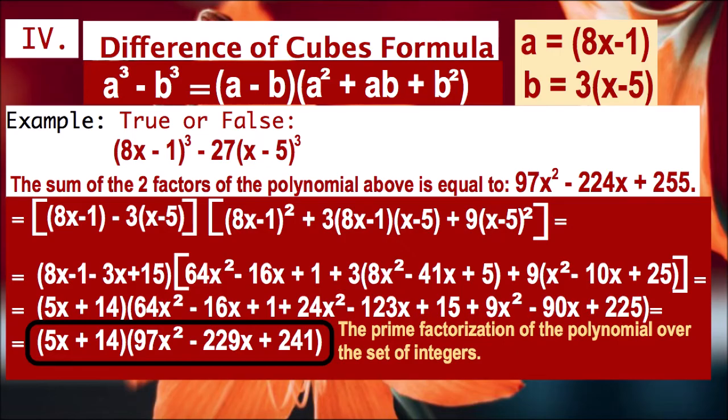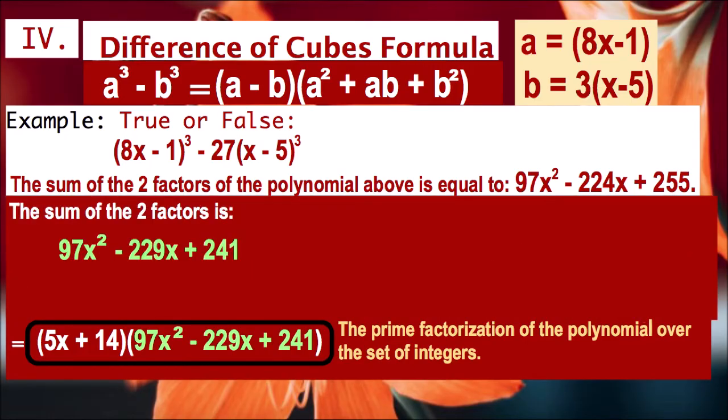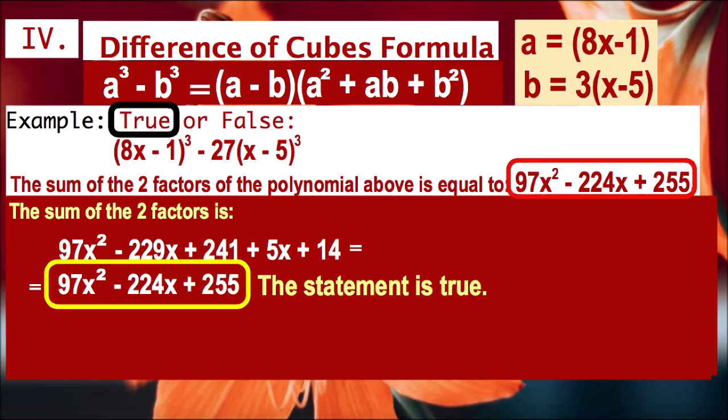This then results in the prime factorization of the polynomial over the set of integers. The sum of these two factors is then 97x squared minus 229x plus 241 plus 5x plus 14. That evaluates to 97x squared minus 224x plus 255. Thus, the statement is true.